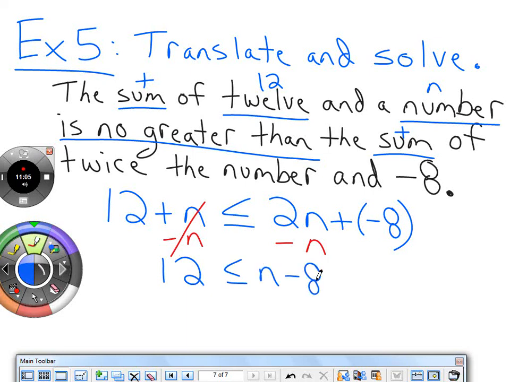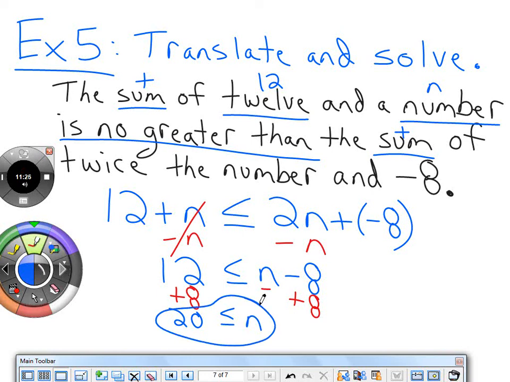You know plus and negative is the same thing as minus 8. So now we have the n here. We need to get rid of the 8. So we're going to add 8. So we got plus 8. That's going to make it 20. And that's going to be n. So that's my answer. N is greater than or equal to 20.